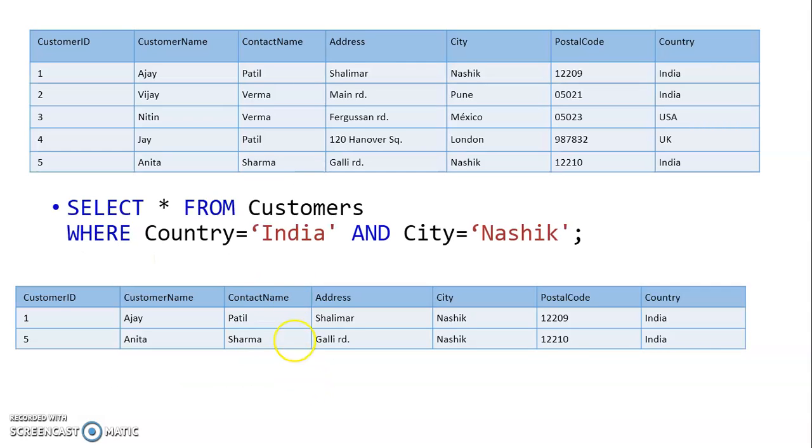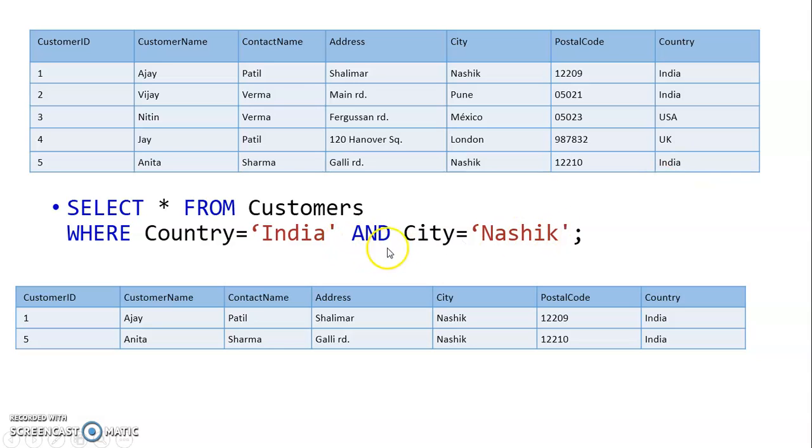Now see here we have the table customer, and we are writing the query SELECT star. Now all the columns we are fetching from our table customer WHERE country is India AND city equal to Nasik. First they will check for the country India, and we fetch the first, second and fifth entry where country is India.